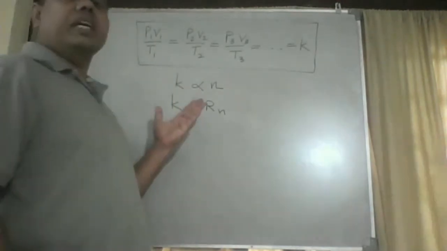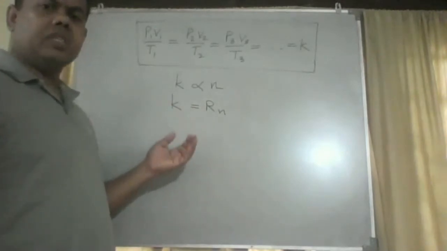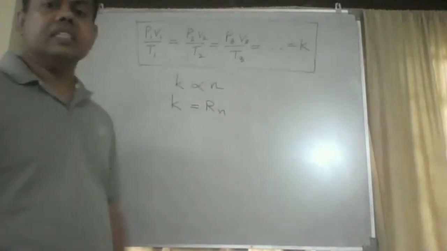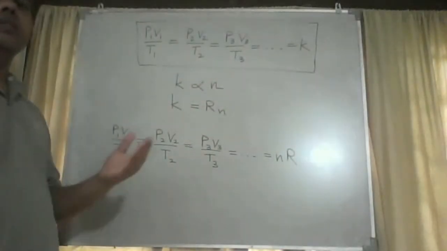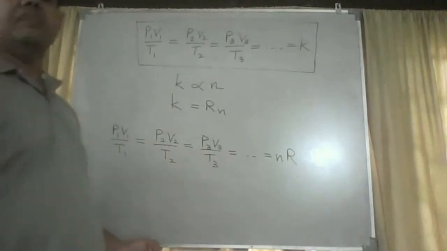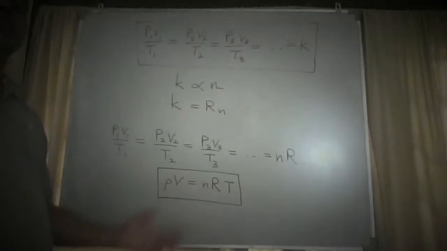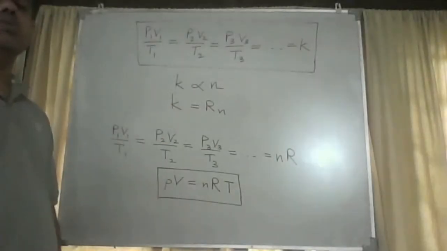Therefore, we can write the combined gas equation for an ideal gas as this. And we can rewrite the same equation as this. And this is the common form of ideal gas equation.